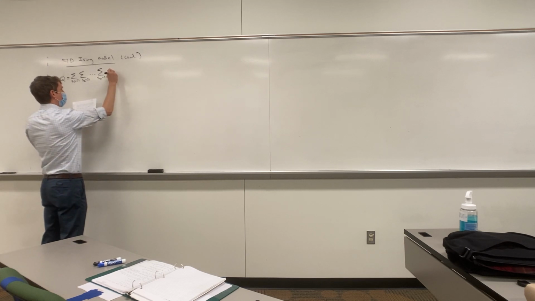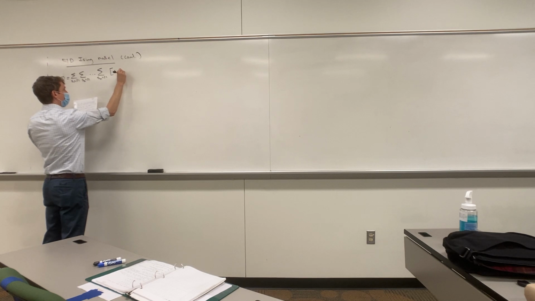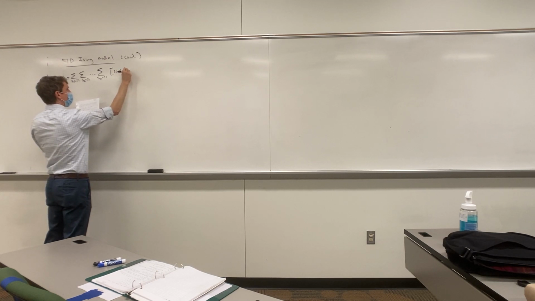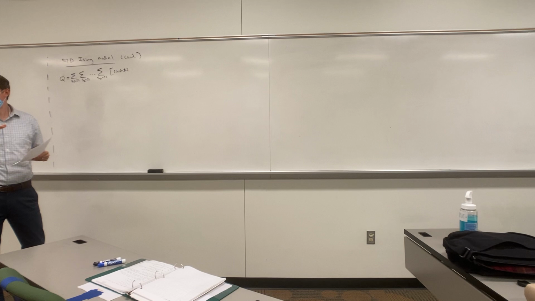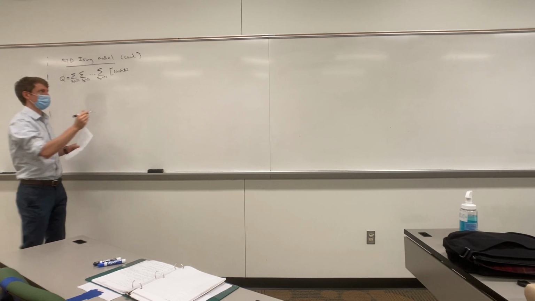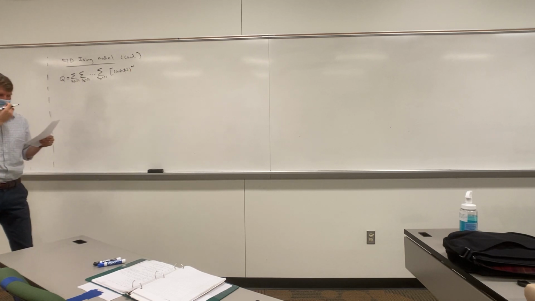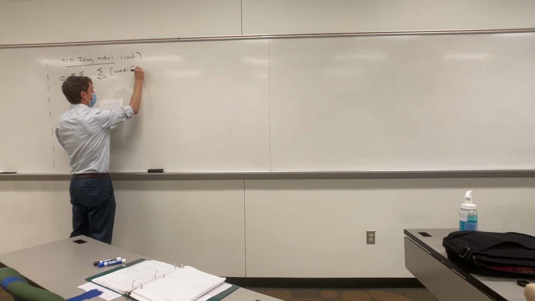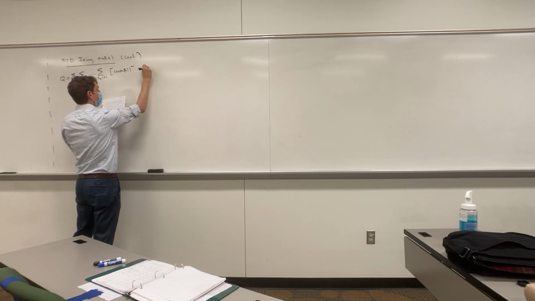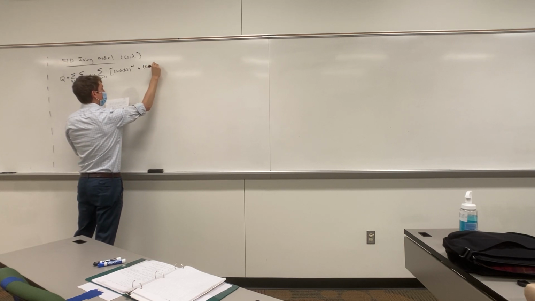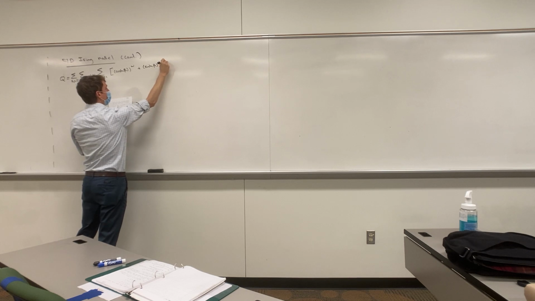So one diagram was cosh beta J, and we have n lines, and each line multiplies one factor of cosh beta J, so we get this to the n, right? That's all black lines, and then all blue lines was the other one. We have the hyperbolic sine, beta J to the n.